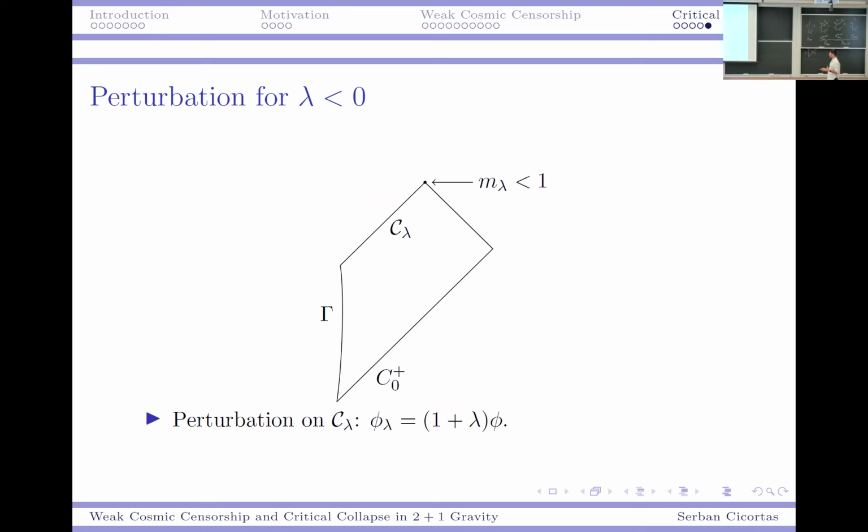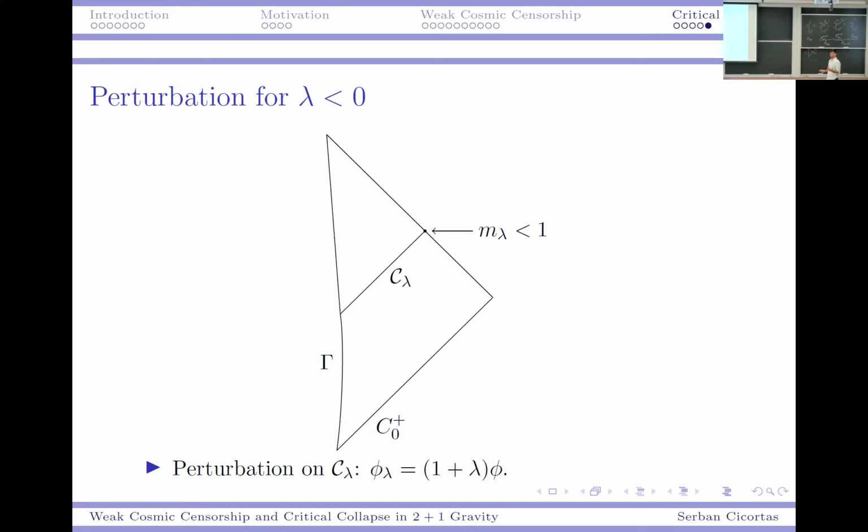But once the mass drops below 1, I'm done because I don't have to do any more work, because I have my mass gap theorem, which tells me that there's no way I can form singularities in the future and I'm non-collapsing. So at the end of the day, I construct initial data here that, by the time it evolves to C lambda, the mass will be less than 1. And then, for sure, you're non-collapsing.